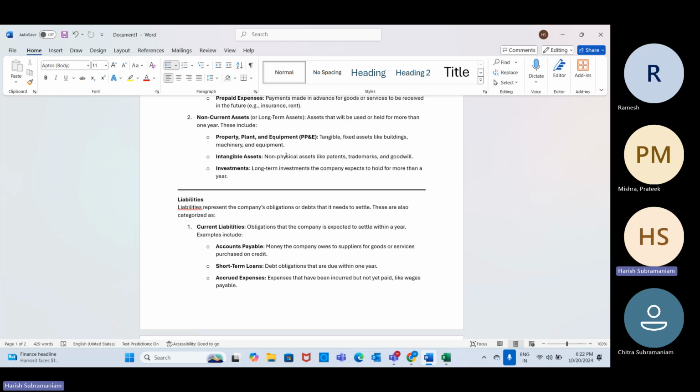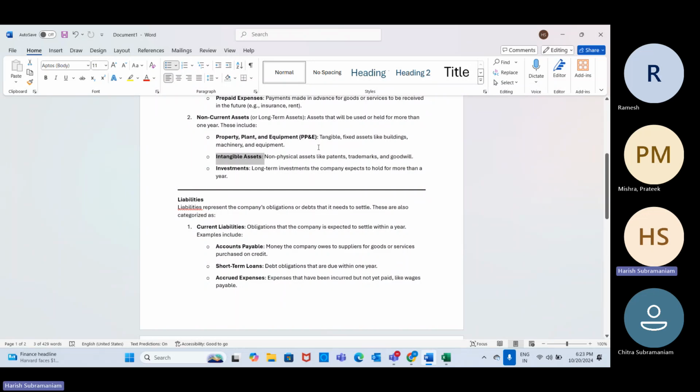In the course of running my business, you rarely find a business that will sell its factory and then create cash. No, factories are used for producing more goods, and these goods are what bring the business money. These assets are usually held for several years, several decades, and there is a longer-term view for these non-current assets.